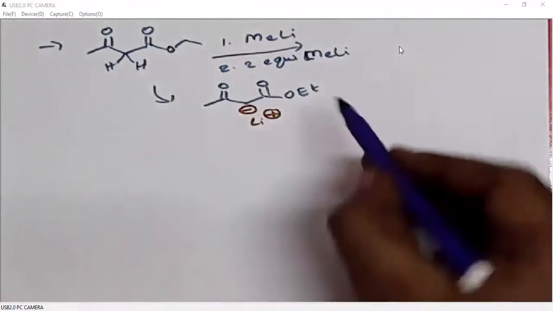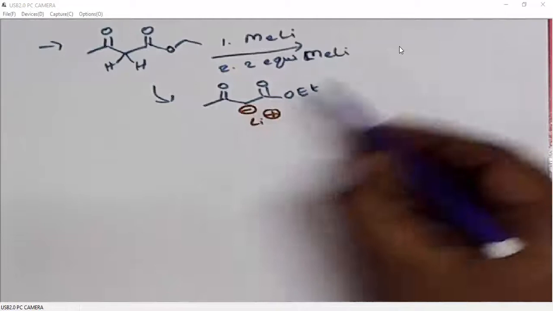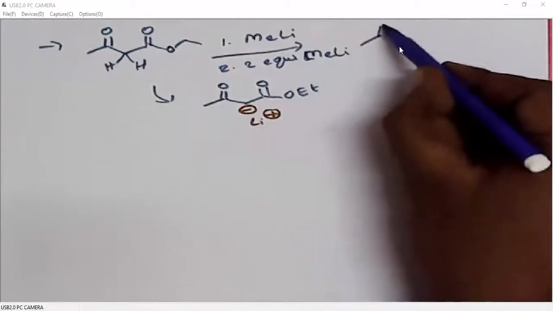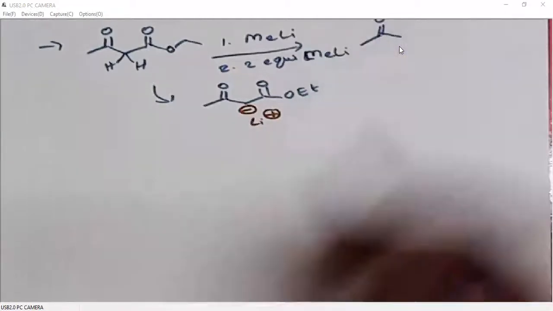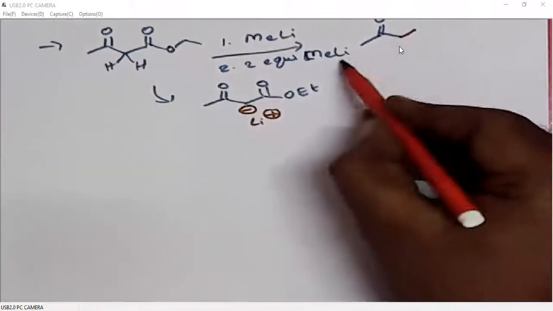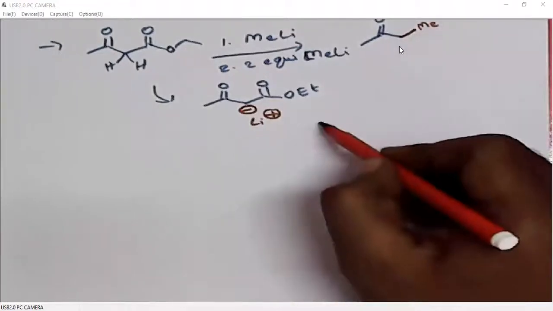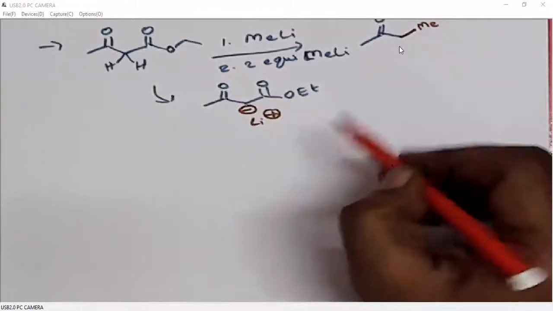Now, when we add two equivalents of methyl lithium, of course, this anion will undergo methylation. When we use one equivalent, it will undergo methylation one time.